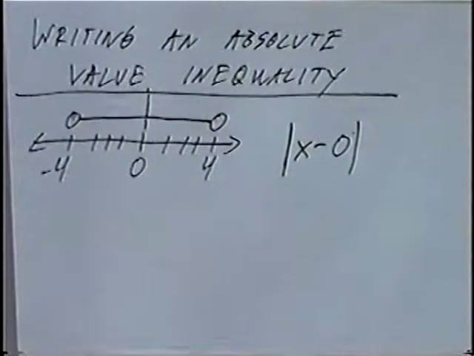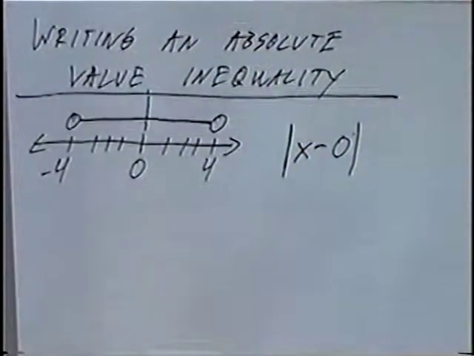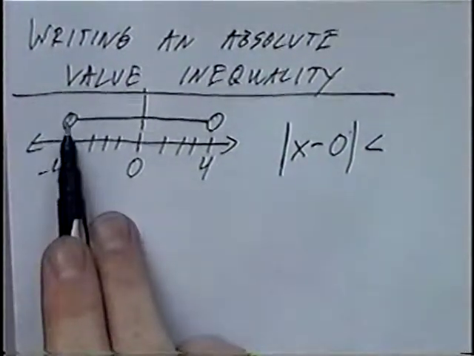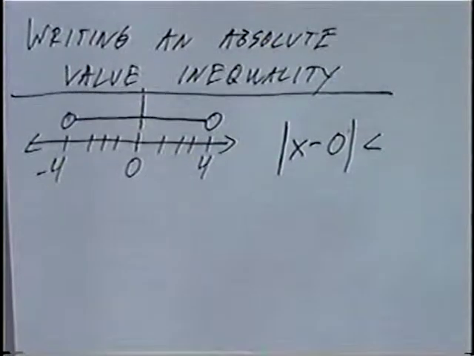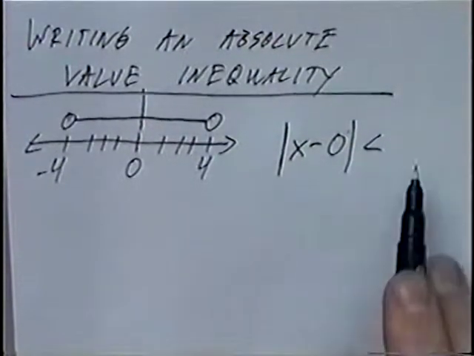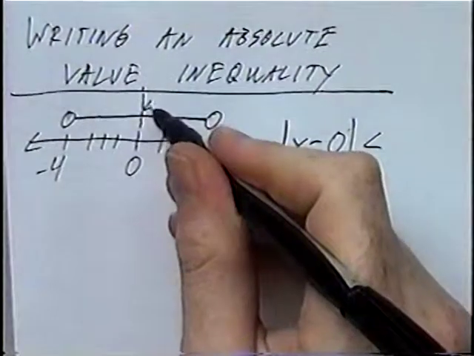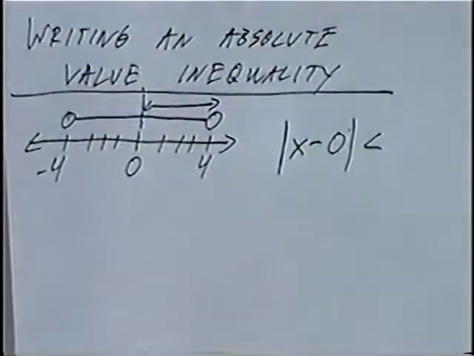When the 2 points are connected in the middle, the inequality is always less than, and since they are open circles, it's not less than or equal to, it's just less than. And the number it's less than is the distance from the center to either outside point.